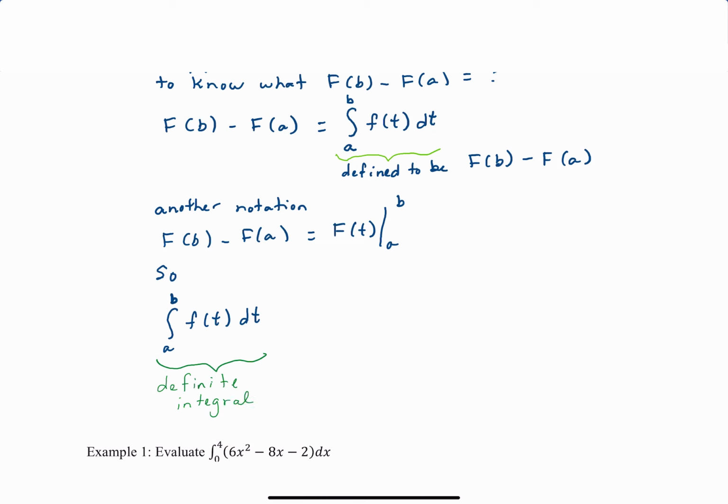It's defined to be what you would get if you take the antiderivative and plug a and b in and then subtract. And the notation for doing that plugging in and subtracting looks like capital F of t, the antiderivative, vertical line, and the two numbers. It's always confusing when you get a bunch of new notation, so let's see some examples to get a better feeling for how this works.